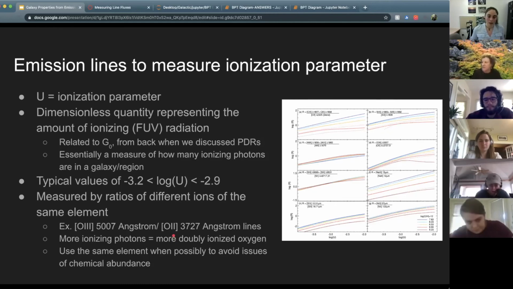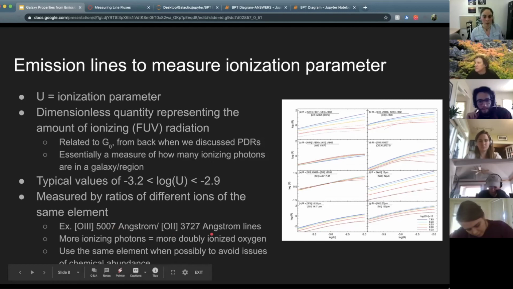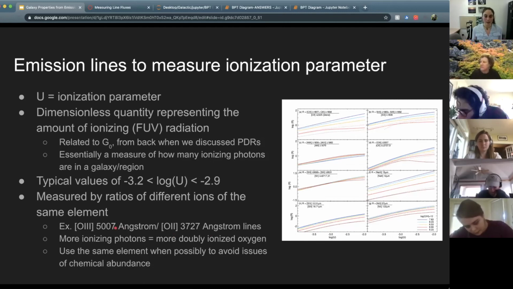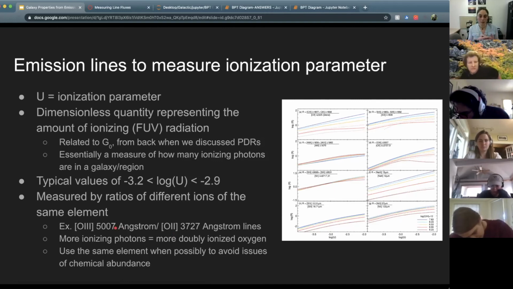And then again, you want to use similar-ish wavelengths when possible. Both of these are optical emission lines, so they will both be attenuated by dust, but by about the same amount. So it's okay to use these ratios and not have to worry about correcting for extinction when we're looking at these ratios of emission lines.